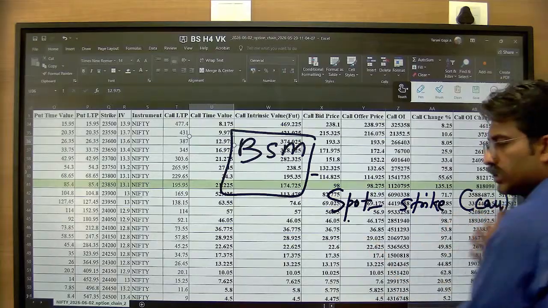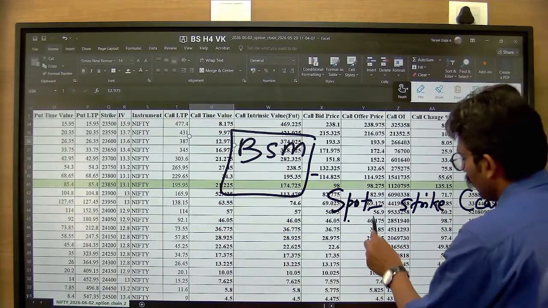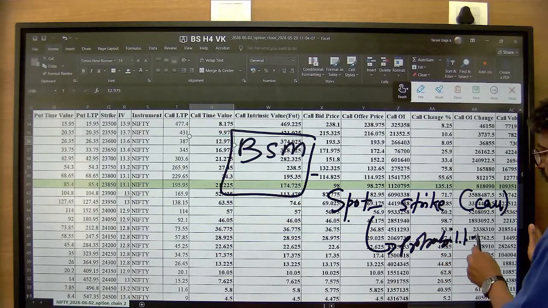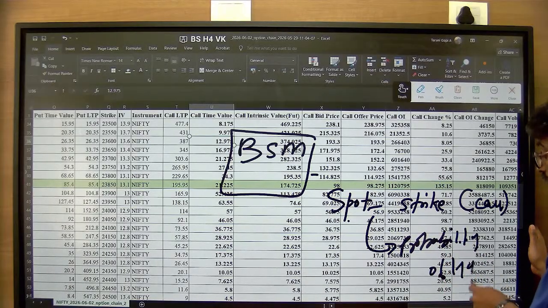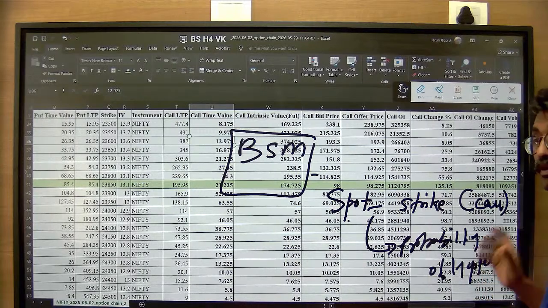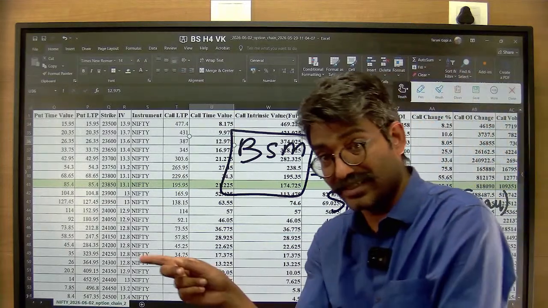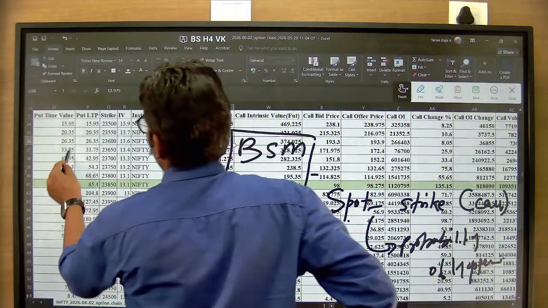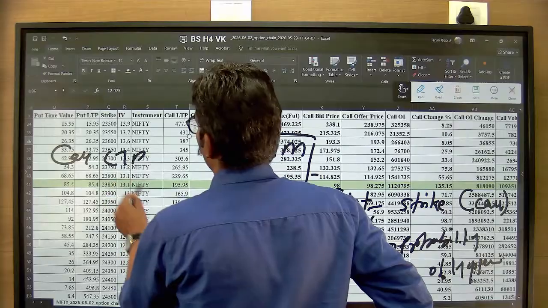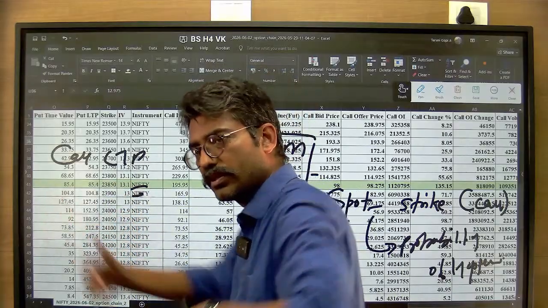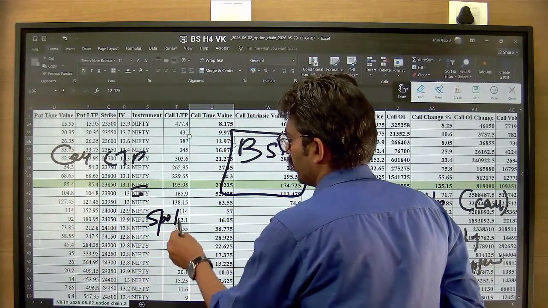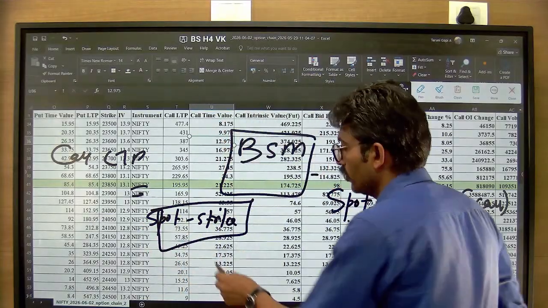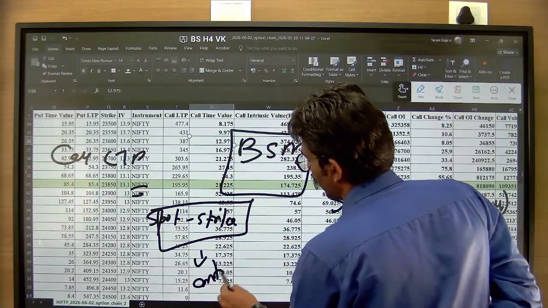What is the distance it is traveling and what is the probability of this happening? That is why the Black-Scholes formula is important compared to the other methodology, which only looked at call LTP equal to the distance you have traveled, which is spot minus strike, which is nothing but your intrinsic value. Understood? And some extrinsic factors.